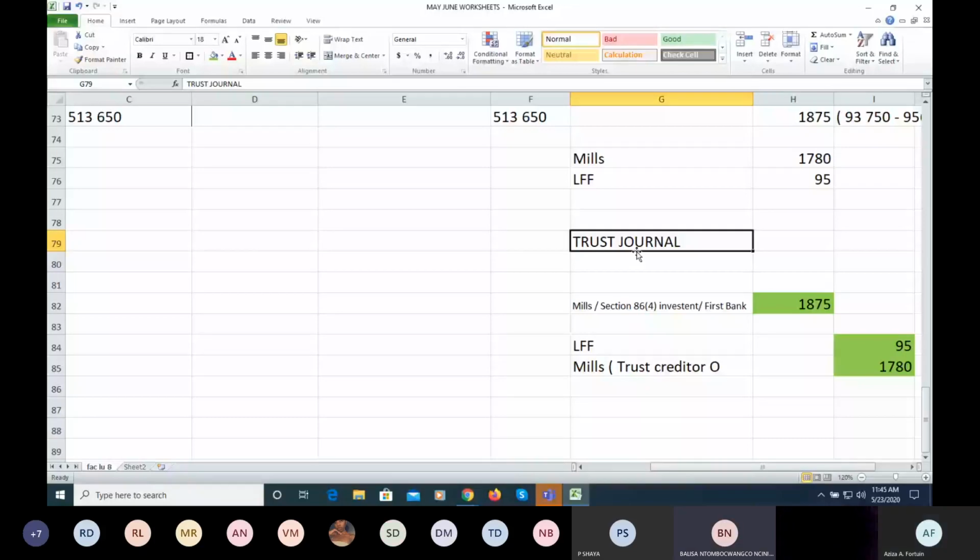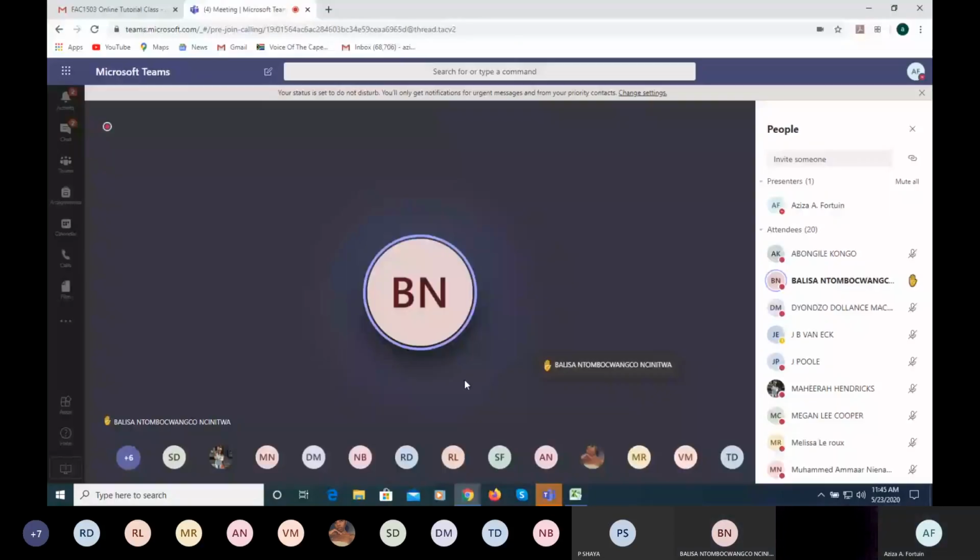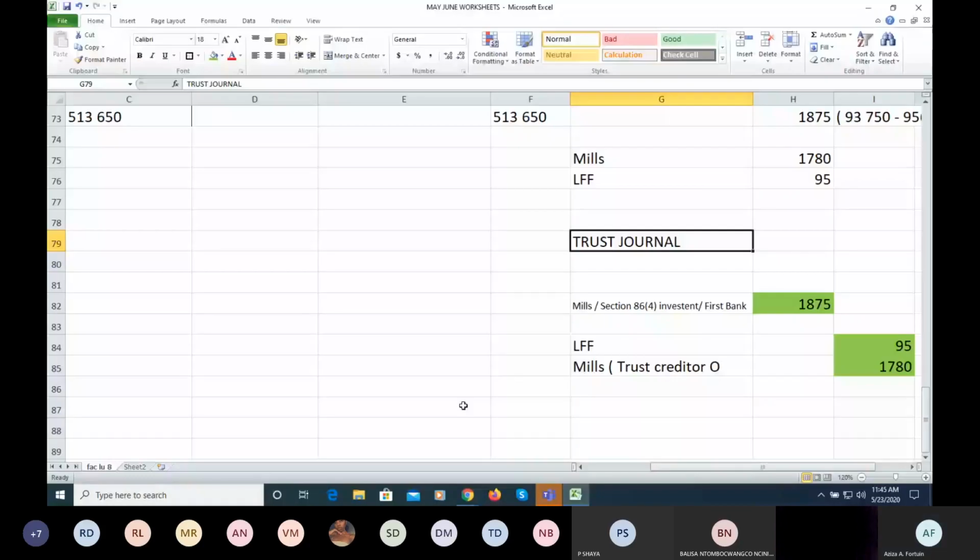Can I just check something here? According to the notes from the study guide on page 129, according to the example that we have here, it seems as if Mill's investment was according to 78 capital letter A.